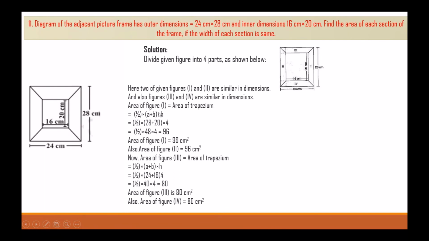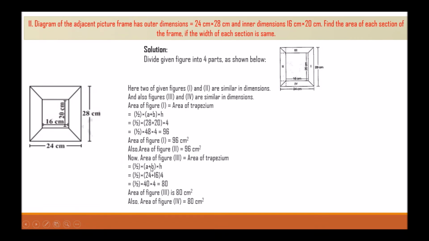Area of figure 1 equals area of trapezium. So half into a plus b into h. So half into 28 plus 20 into 4. Half into 48 into 4, that is 96. Area of figure 1 equals 96 centimeter square. Area of figure 2 is 96 centimeter square. Area of figure 3 equals area of trapezium.